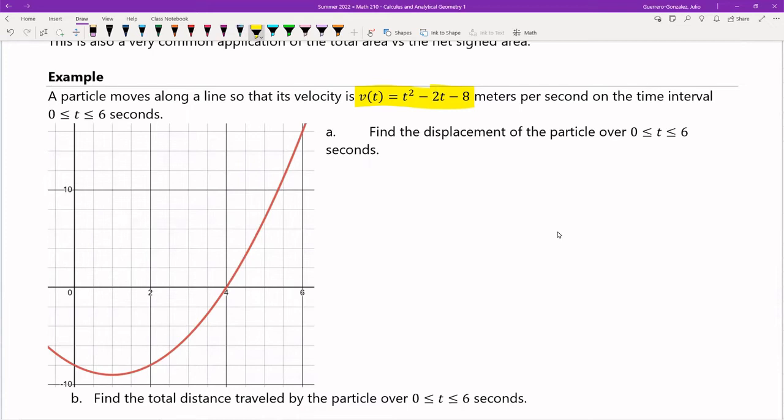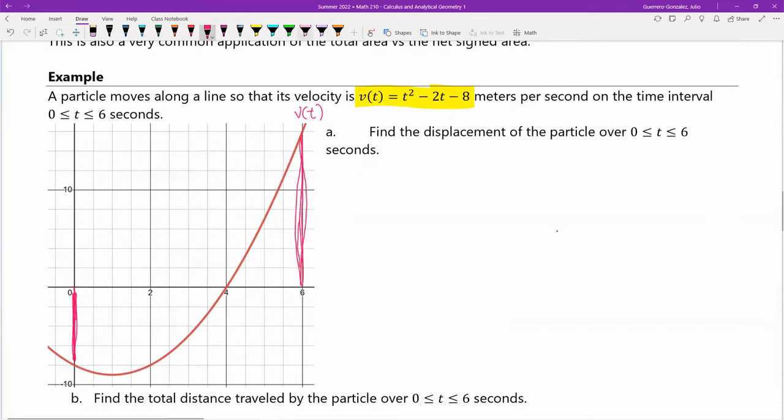Now, I want to observe a couple things here. If you guys remember, we need it from 0 to 6. So the graph here, this is V of t. We need it from here to 6 right here.